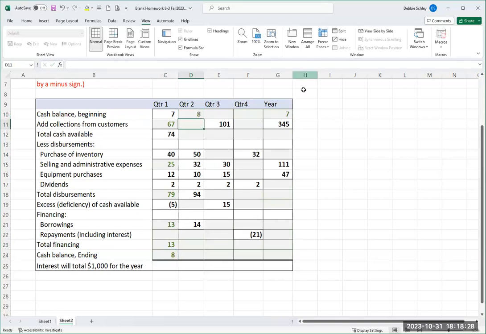Okay, there's a lot of blank numbers here, but I know that these, let's see, disbursements, I had 94 disbursements, or 94,000 disbursements, and I had to borrow 14,000.